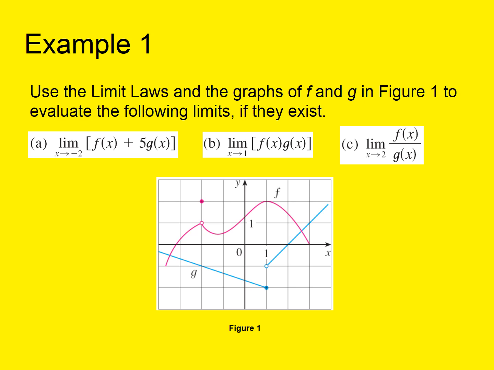We also want to do part B, get the limit as x approaches 1 of the product of the two functions, and in part C we want to get the limit as x approaches 2 of the quotient of the two functions. And so this is just going to become a problem of finding the simple limits, using the limit laws, rewriting the expression, getting the simple limits, and doing the arithmetic.